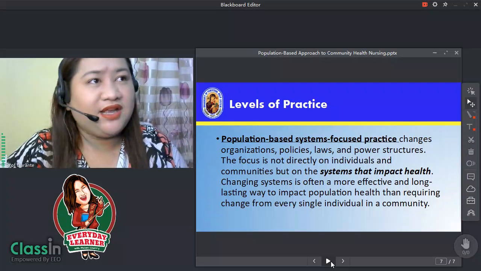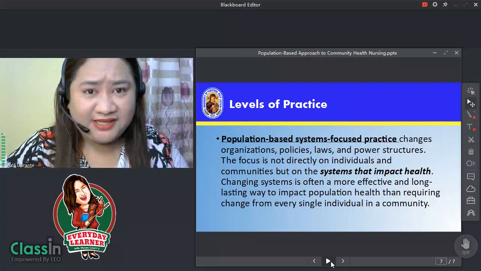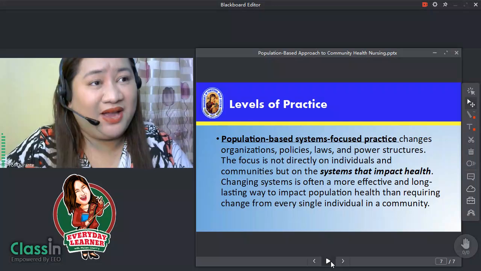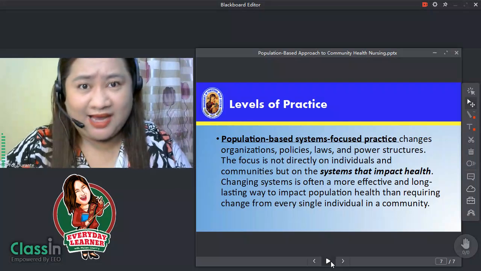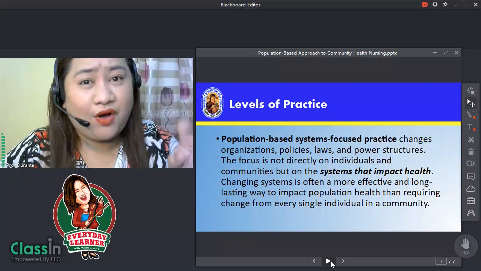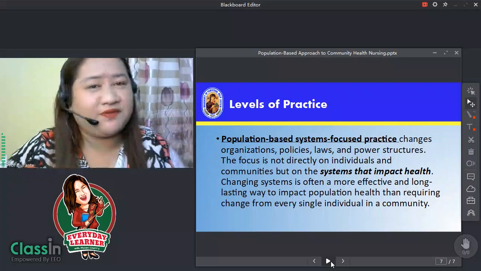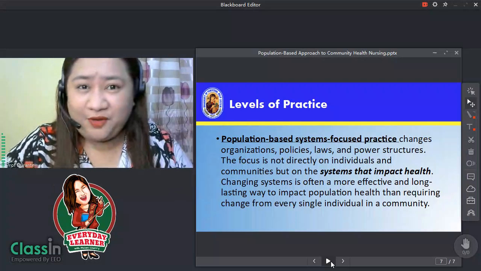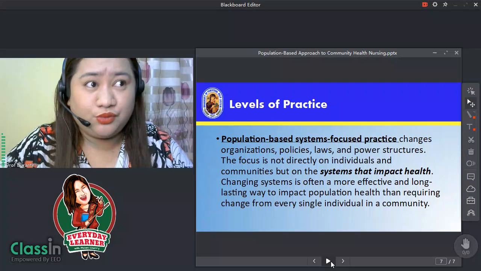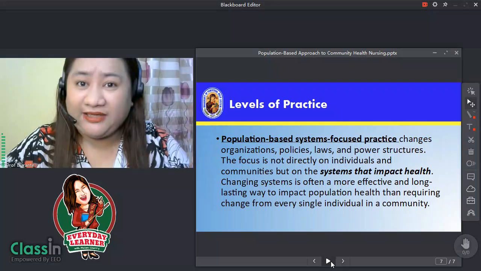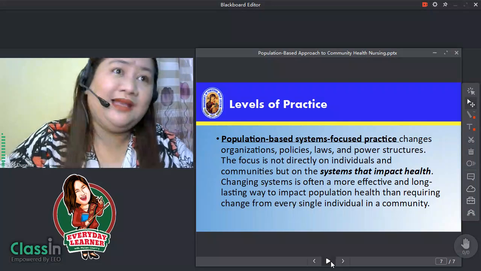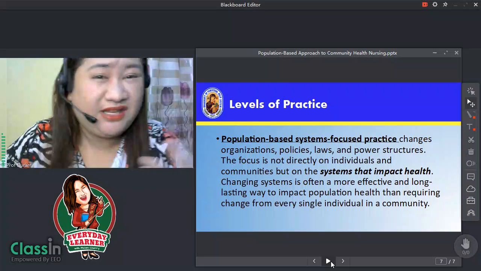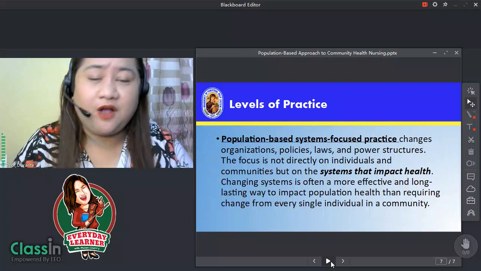So obviously, there are health policies that affect our health system per se. So if these are the targets of your implementation in the community, let's say, for example, you want to influence your barangay officials to have a barangay ordinance about a certain health determinant. Let's say, for example, street foods, the proper handling of street foods.